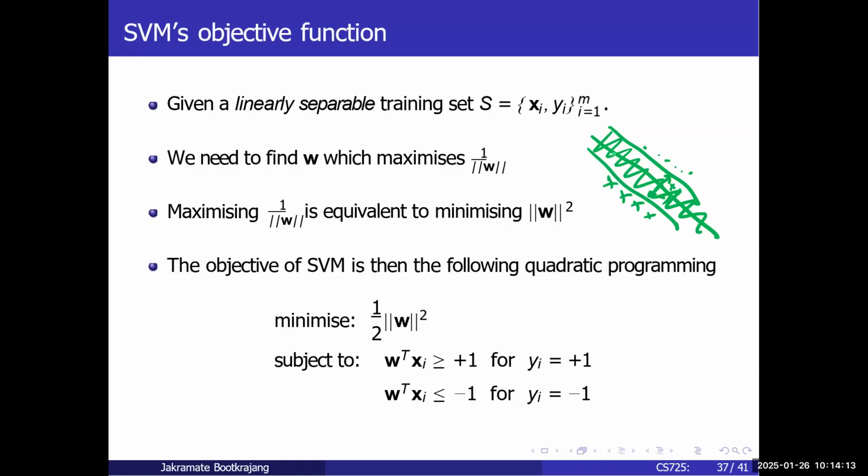And so here we only want plus one and minus one, and you want to make sure that the W that you got satisfies this condition. So this becomes a quadratic programming problem.